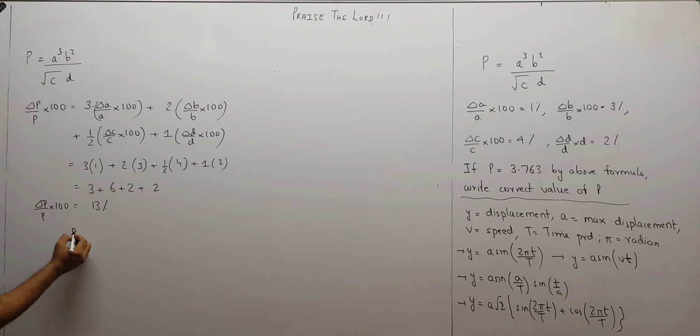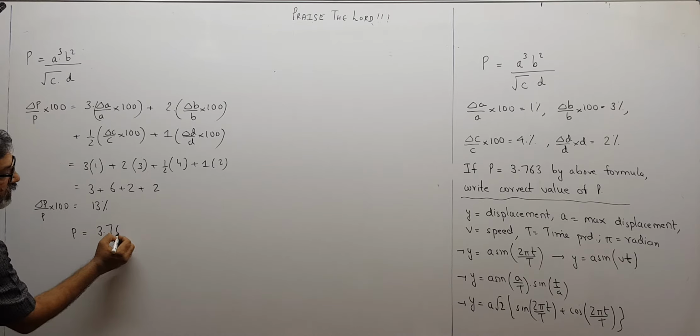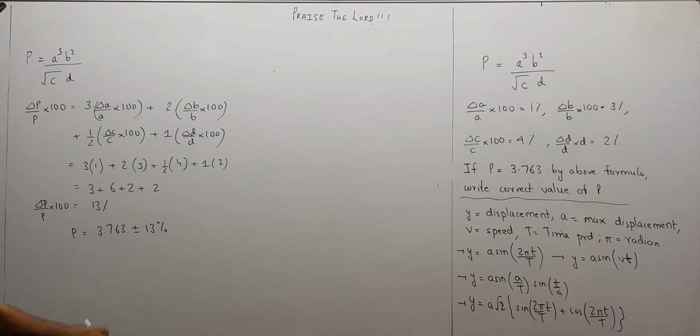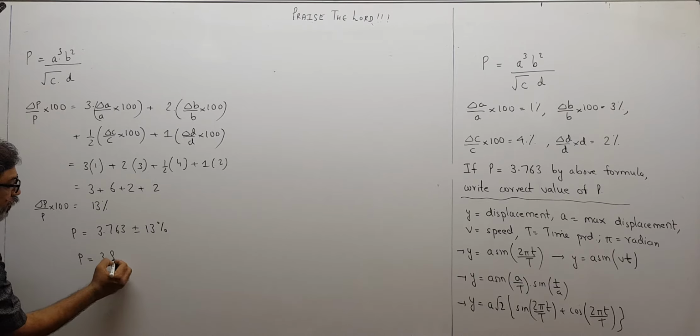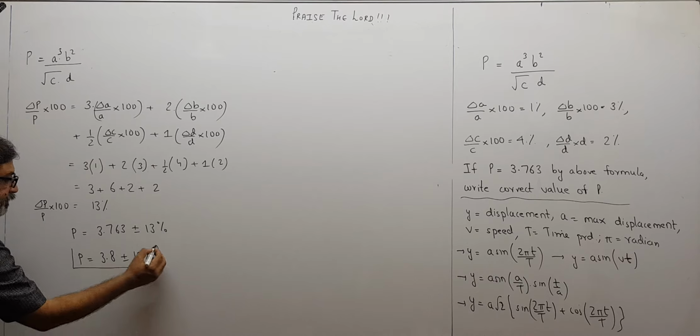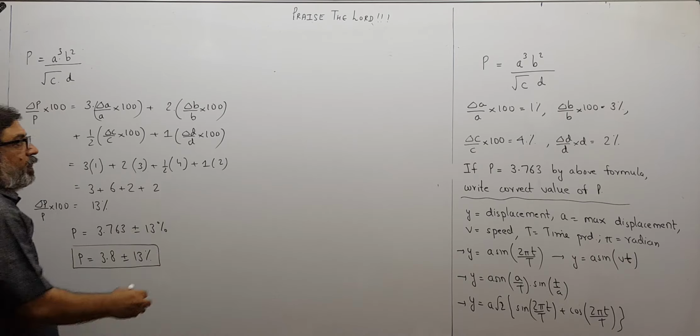Therefore, when I write P equal to the true value given to me as 3.763 plus minus 13%, this has got only 2 digits, so this also should have only 2 digits for precision point of view. So P should be written as 3.8, I round off, plus minus 13%. This is the answer.